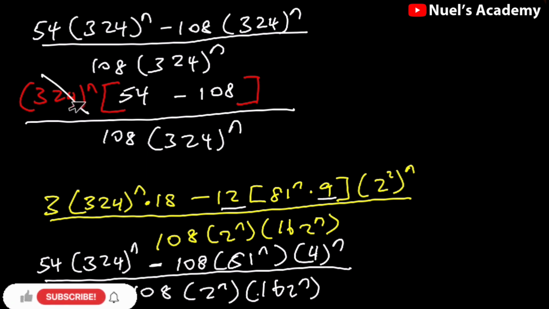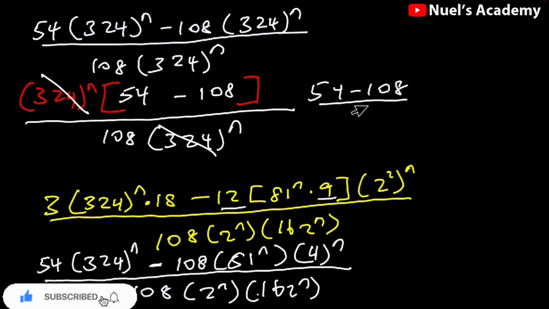Now this 324 raised to the power n can cancel this 324 raised to the power n. So we'll be left with 54 minus 108 over 108.